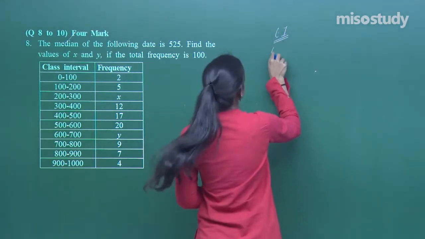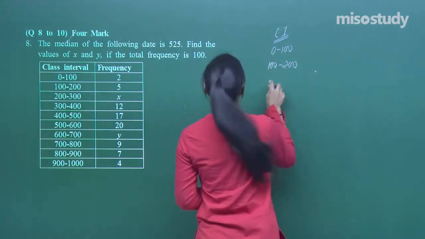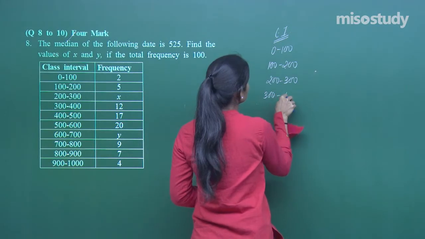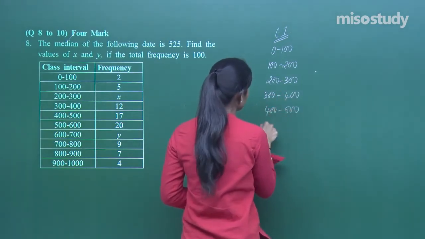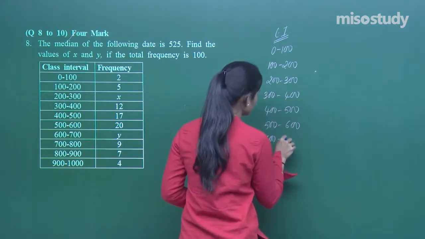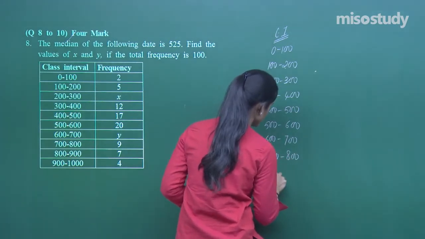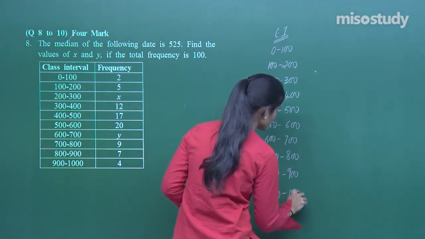class intervals as 0 to 100, 100 to 200, 200 to 300, 300 to 400, 400 to 500, 500 to 600, 600 to 700, 700 to 800, 800 to 900, and last is 900 to 1000.